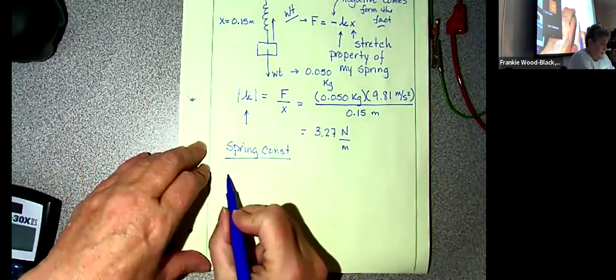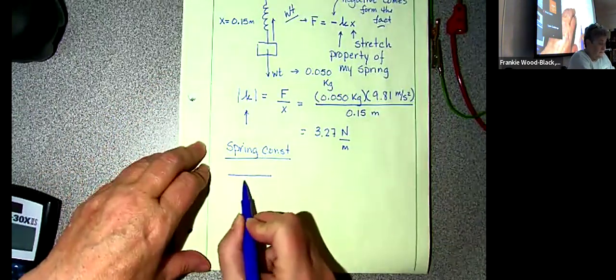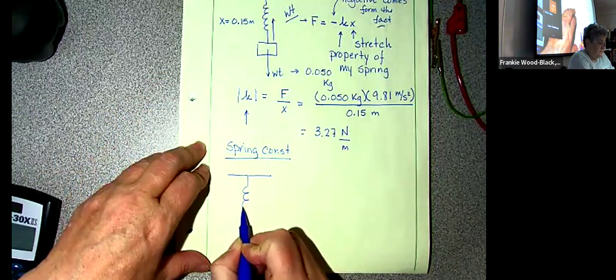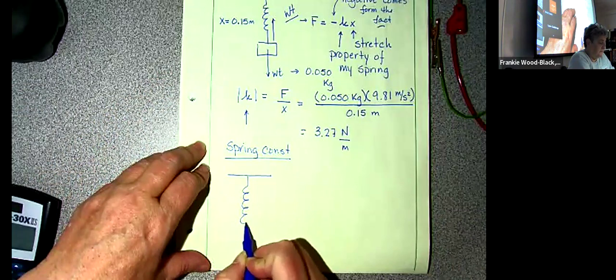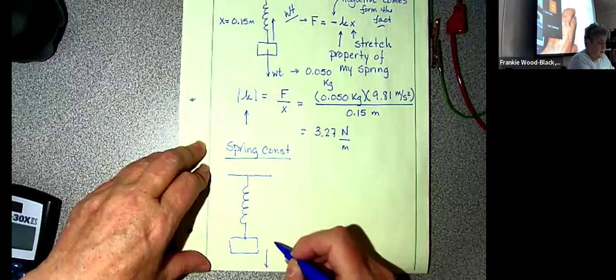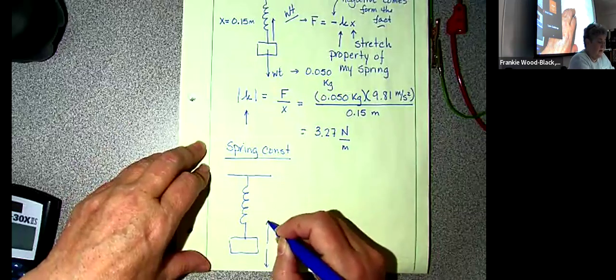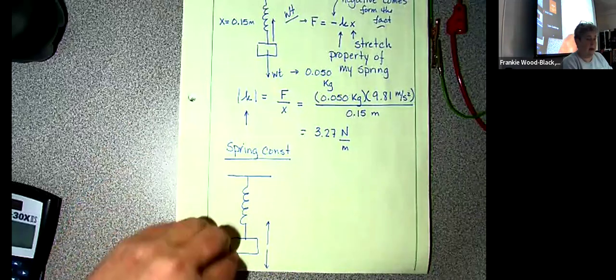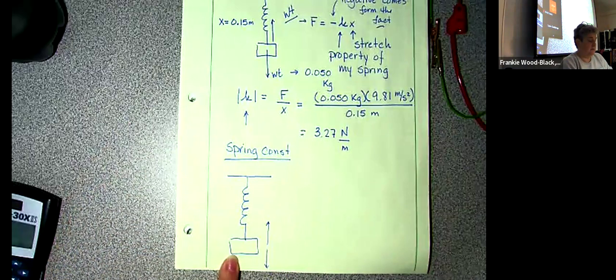I can take my spring and I can push it down. And then we know what's going to happen is my spring is going to bob up and down, right? We know we get that bobbing up and down. That's kind of an interesting thing.